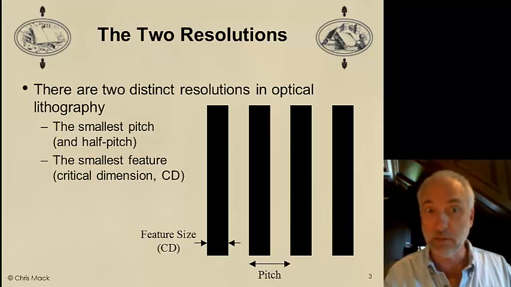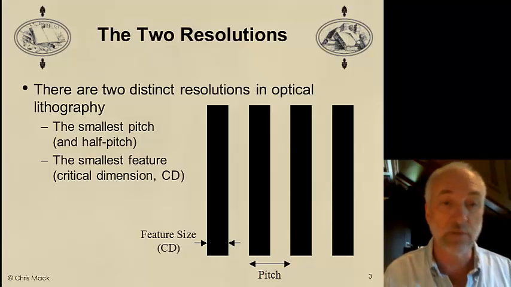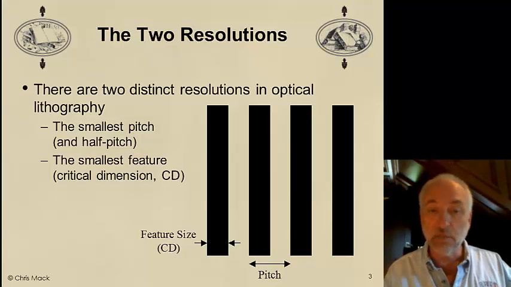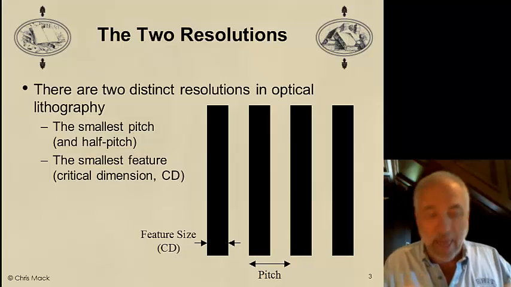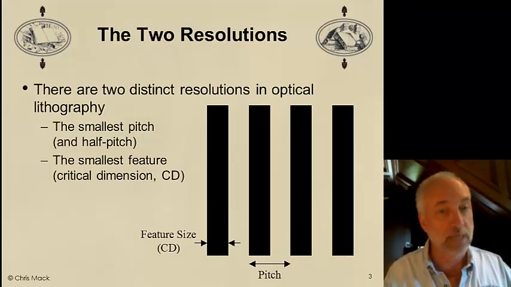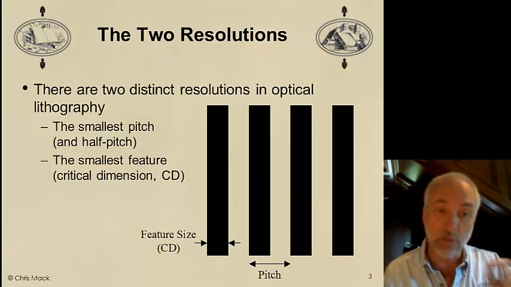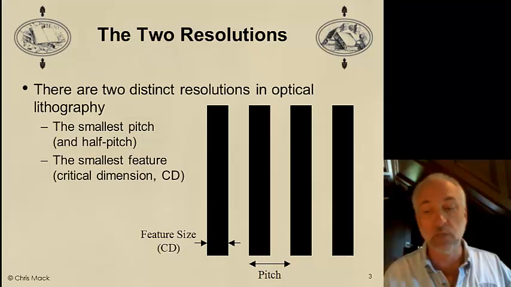We often talk about the smallest half pitch, which is simply the smallest pitch divided by 2. And that way the feature size and the half pitch are more comparable to each other. But these resolutions are distinct, and as we'll see in just a moment, what determines the smallest half pitch is not the same as what determines the smallest feature size that we can print.